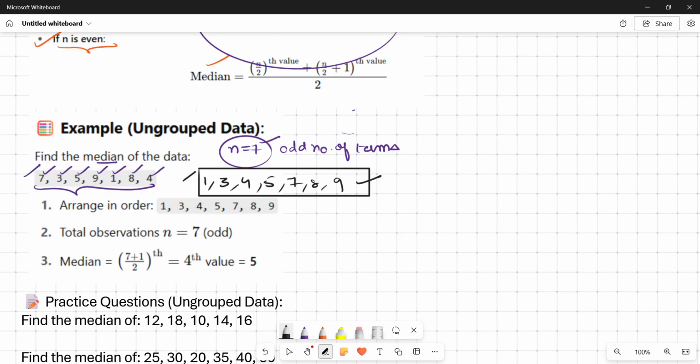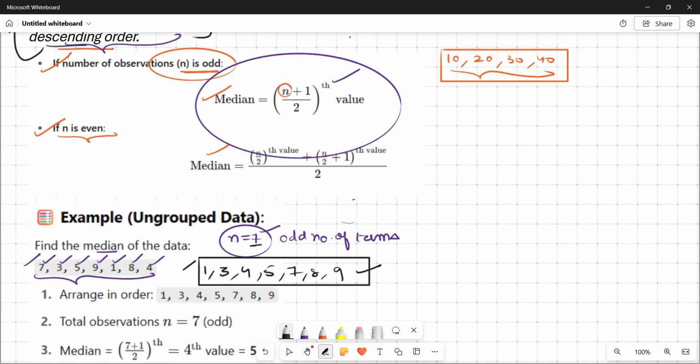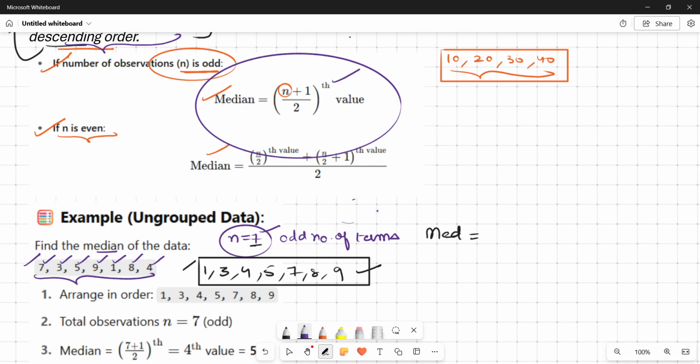As I have told you, we have 7 terms, and the data in sorted format is 1, 3, 4, 5, 7, 8, 9. Now again moving to the formula for the median. For an odd number of terms, the median is equal to the (n plus 1) by 2th term.